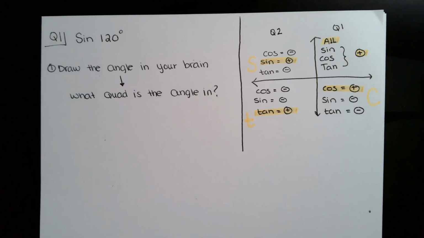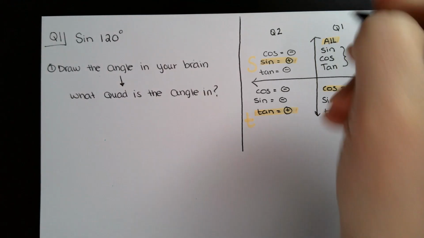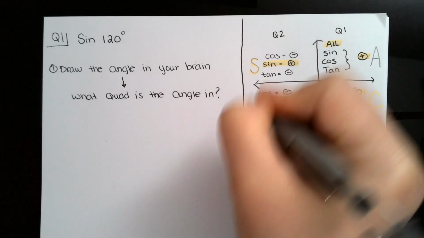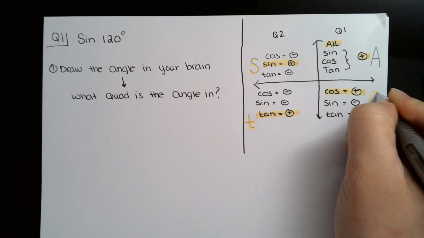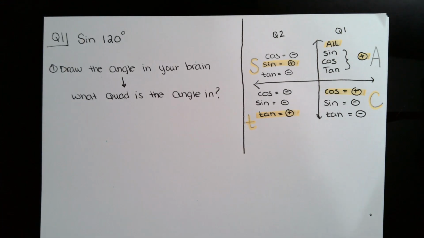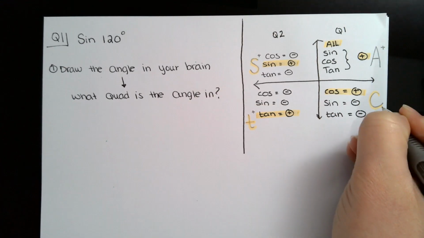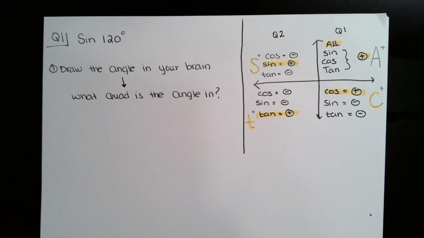Calculus, cosine, in quadrant 4. The letter that it starts with tells you what is positive. That's how to memorize it.